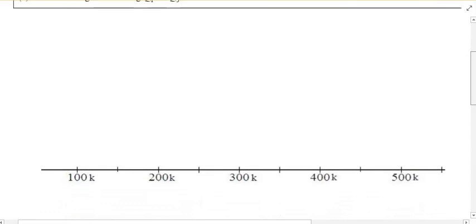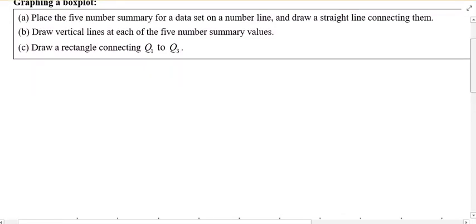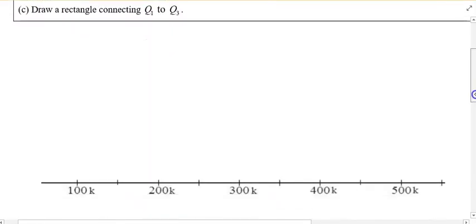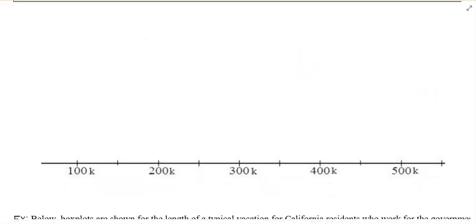Okay, we have 128,000. Remember, this is 100, this is 150,000, 200, 250,000, 350,000, and 450,000.